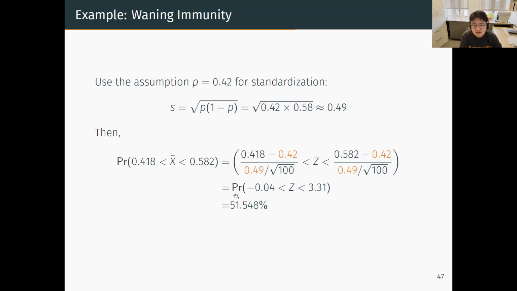Then you get some numbers like this, and then put it into the calculator, Excel. Then you will get 51.548%. So more than 51%, you could make a type 2 error. I mean, if the truth was 42%, then more than half, more than 50%, you will not be able to detect it, right?